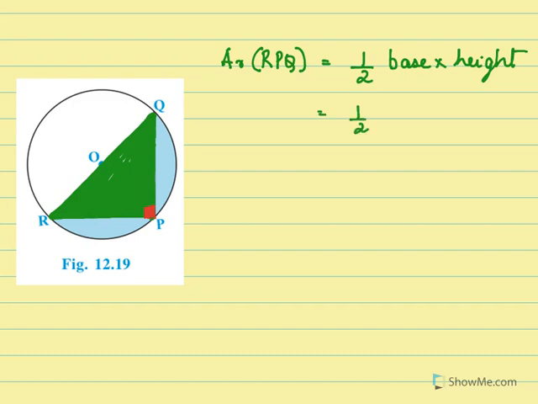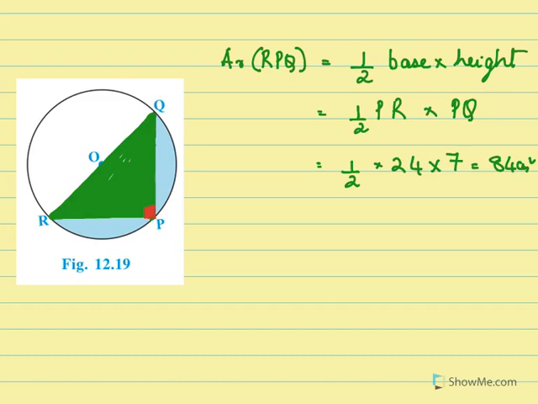In a right angle triangle, here we take the base as PR and the height is PQ because the angle between them is 90. So that is half, and we know it will be 24 into 7. And the area comes 84 centimeter square.